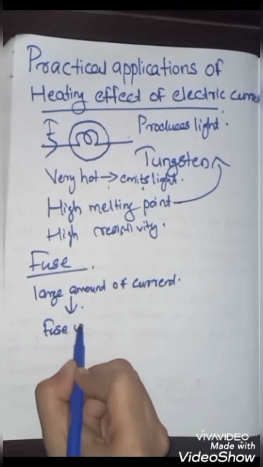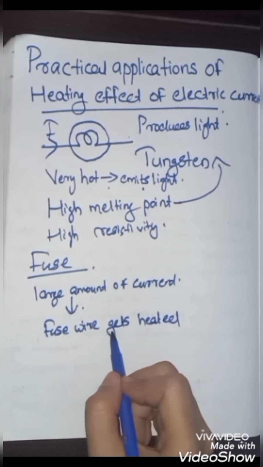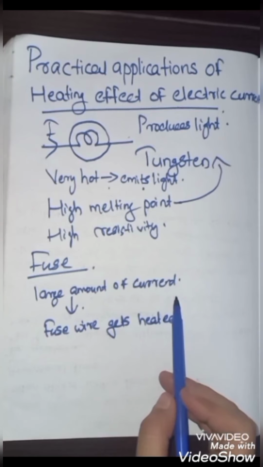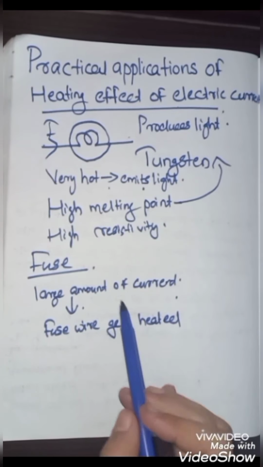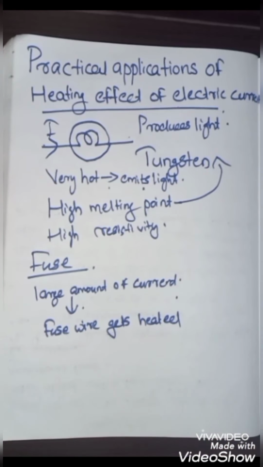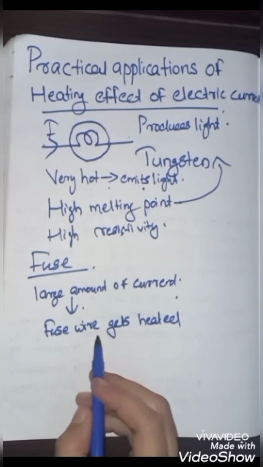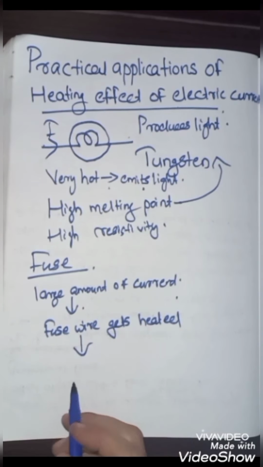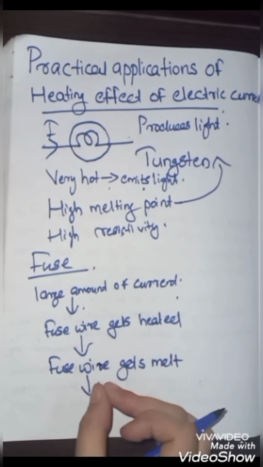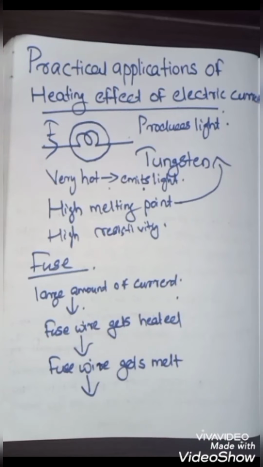It becomes very hot, producing as much heat as possible. If the amount of current is large, the fuse wire becomes very hot, and at last it melts and breaks the circuit.